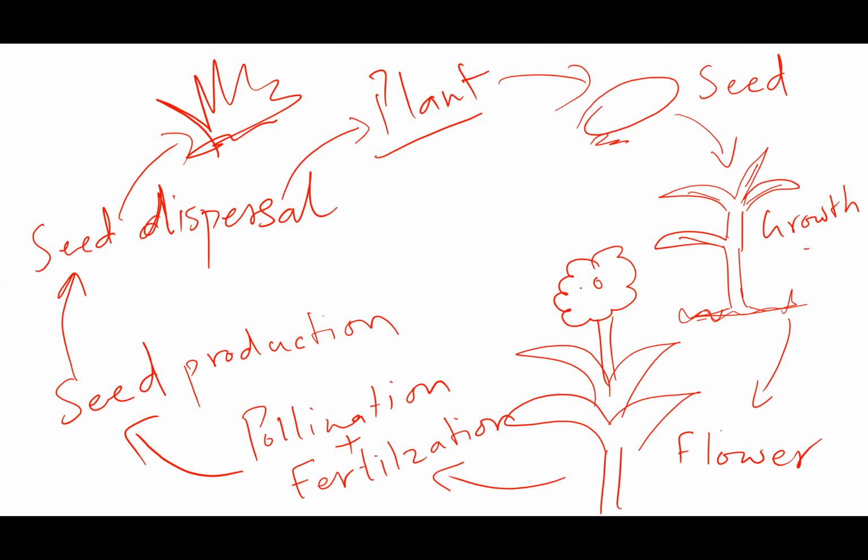Then after the flower is produced, it will pollinate, fertilize, and again seed production and dispersal. So this is all about the life cycle of the plant, in which one plant can produce many seeds and grow into so many new plants.